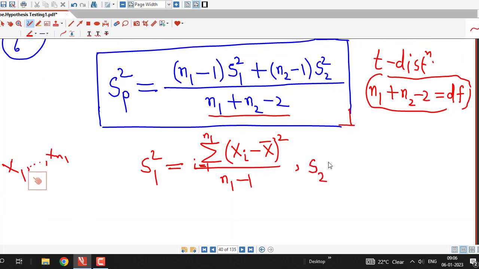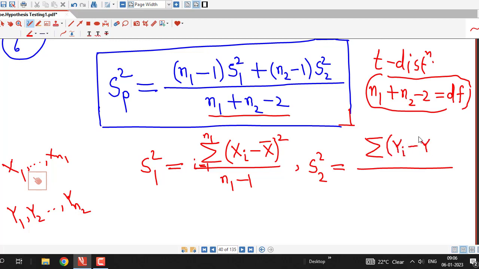Similarly, s2 square is given by, suppose our second sample is y1, y2, up to y suffix n2, then the same formula, our variable is y: the sum of yi minus y bar whole square, i equal to 1 to n2, divided by n2 minus 1. So these are the formulas for sample variances which we have discussed in the lecture of basic statistics.